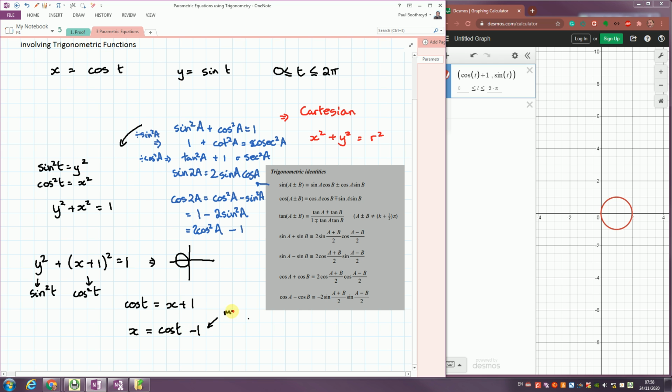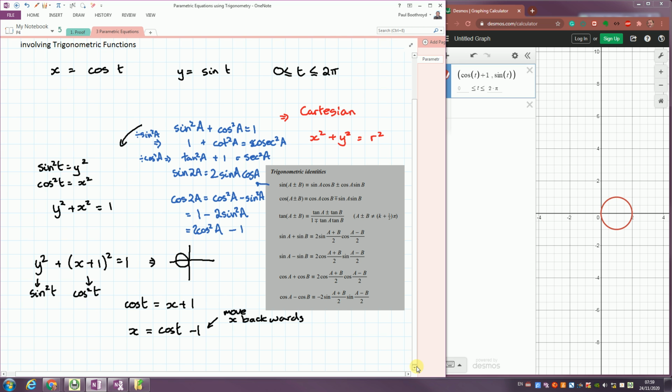So we move in the x direction backwards. Adding a number in the y one, it's already put that on the opposite side to the y, which is why that doesn't flip.